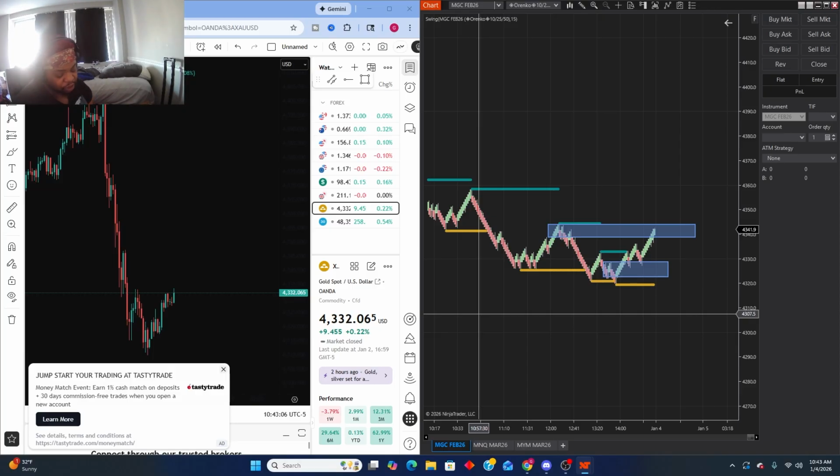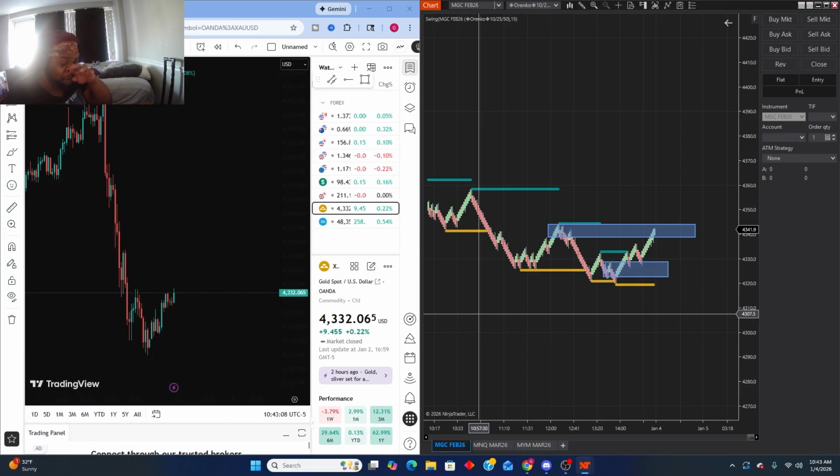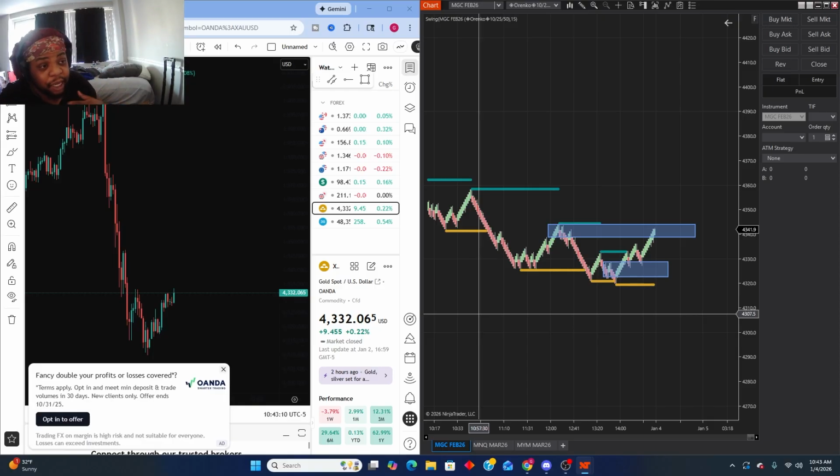You feel me? The best chart is the one that keeps you disciplined. This Renko chart keeps me disciplined. I feel like it should help keep you disciplined. You feel me? Now, at the end of the day, no chart is superior. I prefer simplicity over complexity, but other people prefer complexity over simplicity.